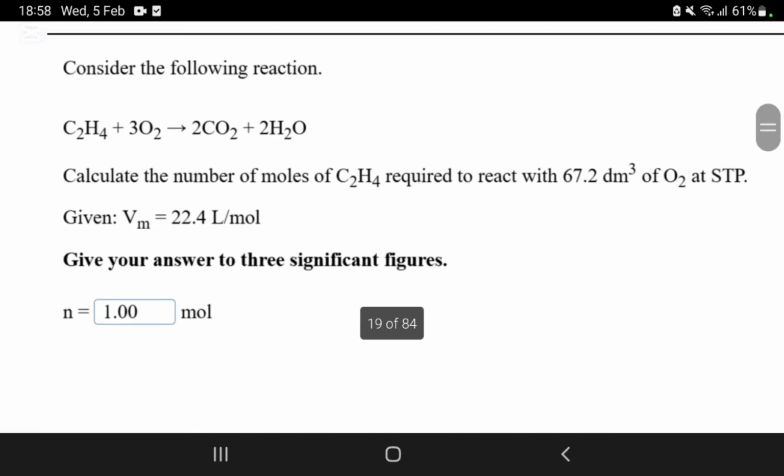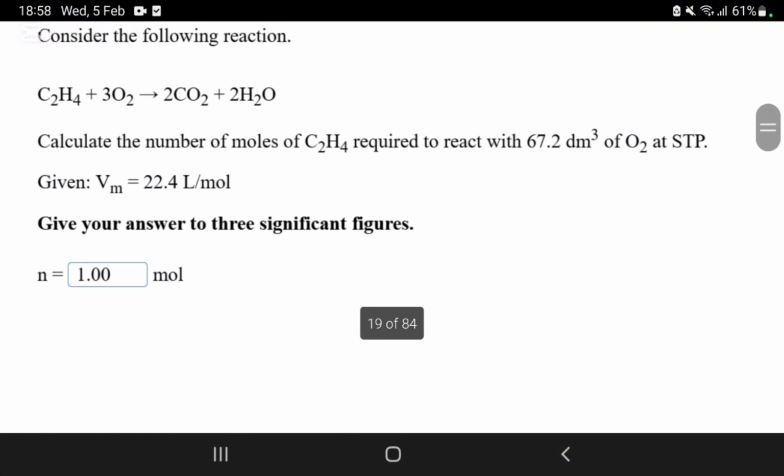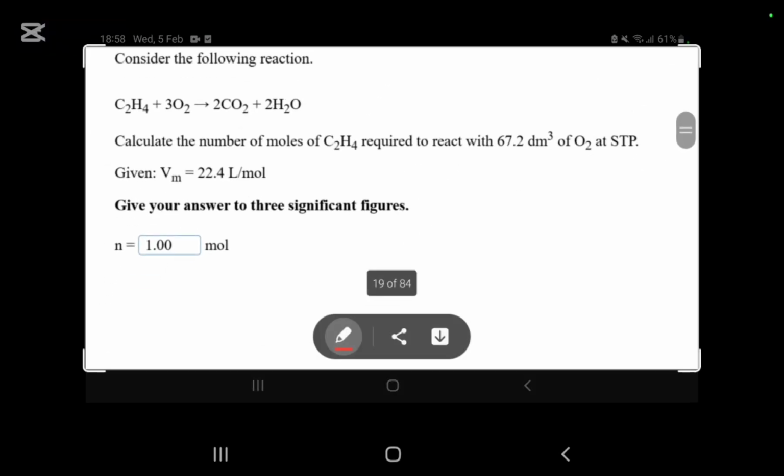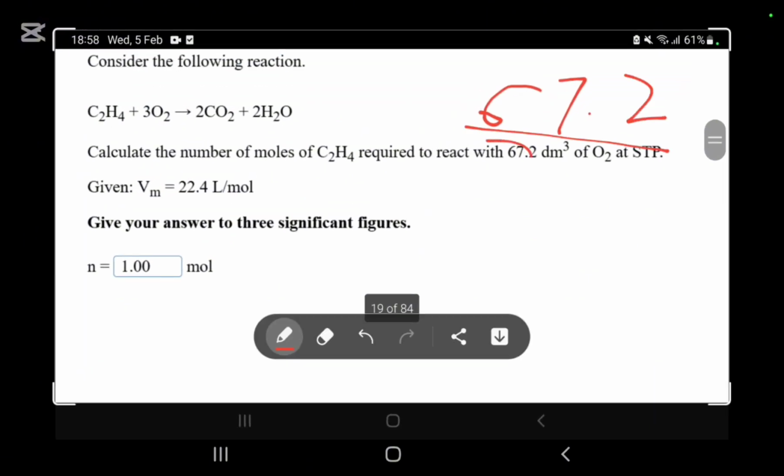Number 8. Consider the following reaction. Calculate the number of moles of C2H4 required to react with 67.2 decimeter cube of oxygen at STP. Okay, so now we know the volume of O2 at STP. To find the moles, all we have to do is 67.2 divided by 22.4, which is 3.